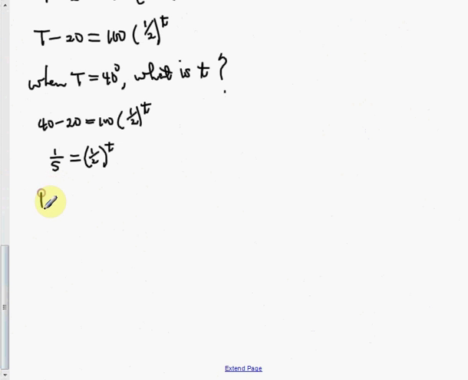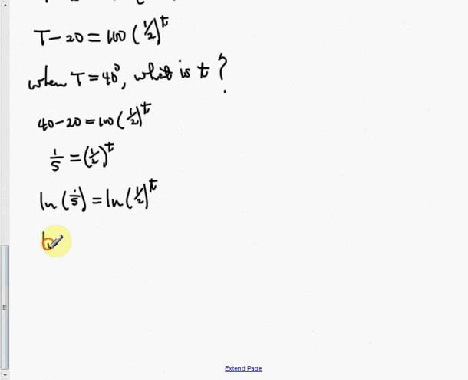So here, take the natural log of 1/5 is equal to the natural log of 1/2 to the t. I do that because I can bring that t down and write it as a multiplier, a factor, times that natural log in the front.